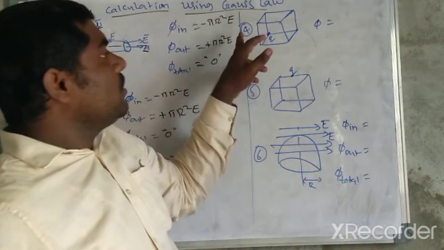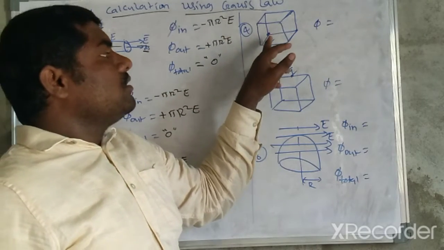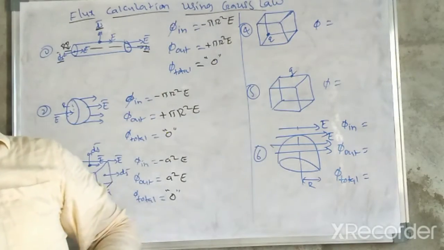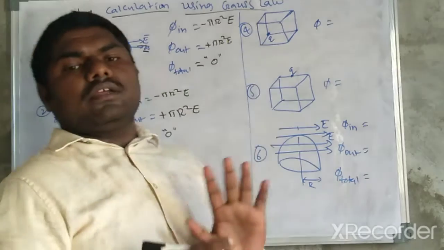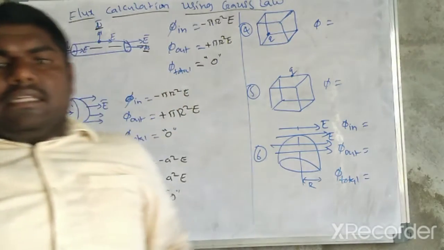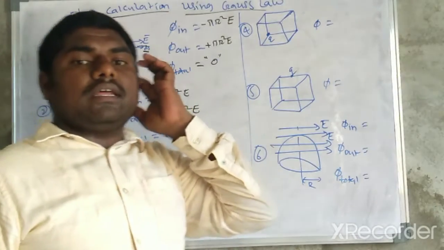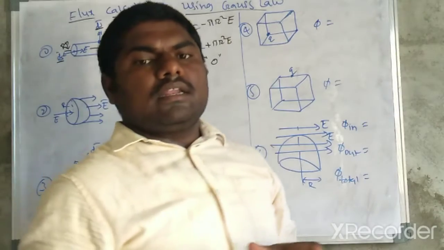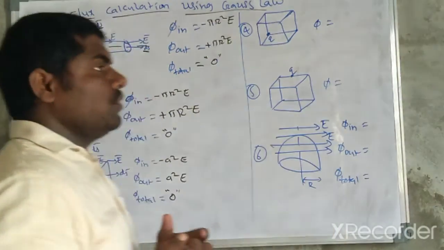Let us consider one more model. Here is a cube with a charge placed at one corner. If q is placed as shown in the figure, seven more identical cubes are required to enclose it.